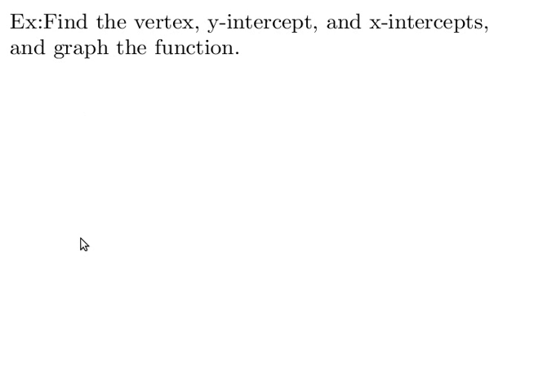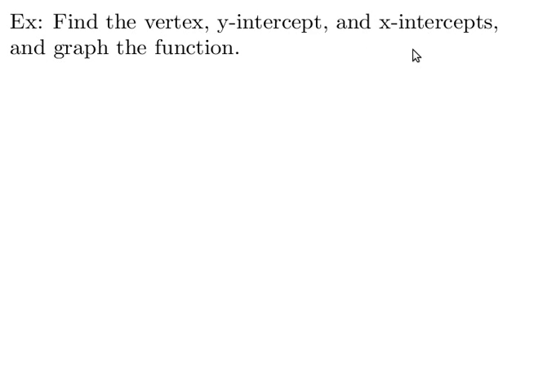Okay, so find the vertex, y-intercept, and x-intercepts, and graph the function p of x equals 2x squared plus 4x plus 1.